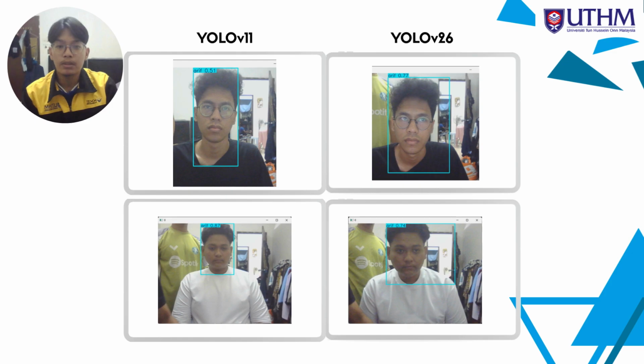Because YOLO V26 completely dropped the detection or caused critical cross-identity failures for the first two subjects, YOLO V11 remains the structurally superior and more reliable choice for our KYC architecture.